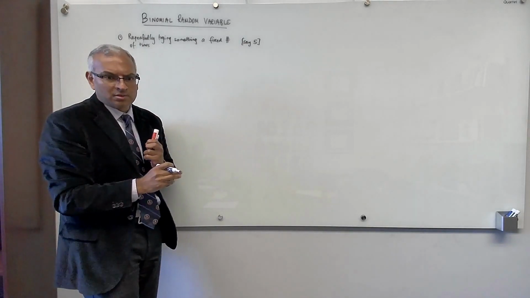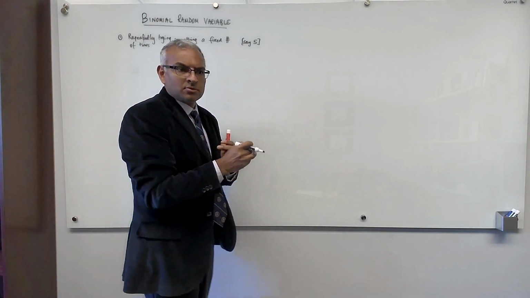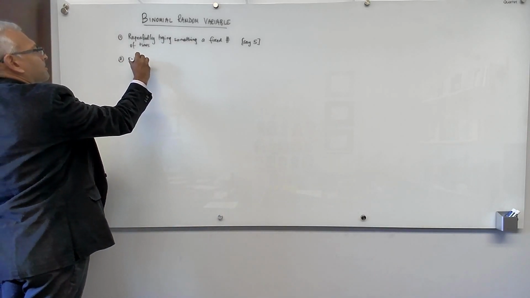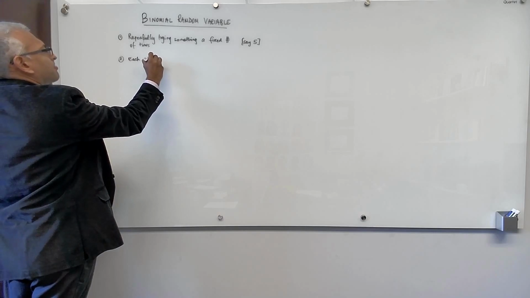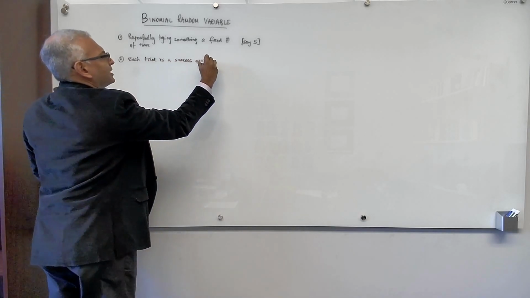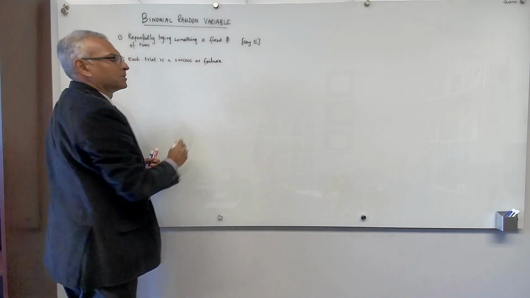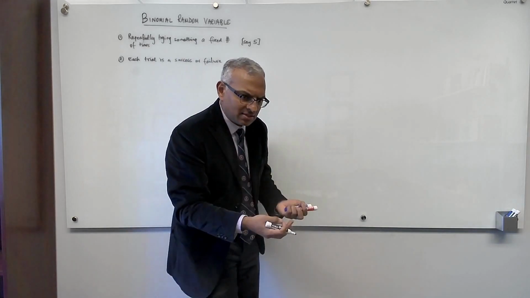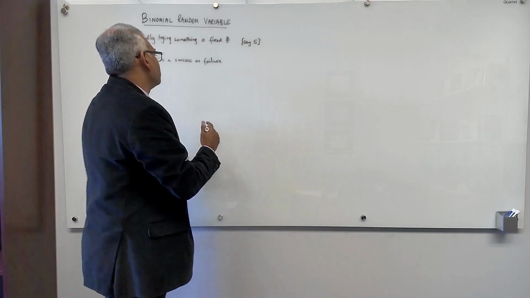Each time you try, you can either succeed or fail, so each trial is a success or failure. And each trial succeeds with probability p, the same probability p.